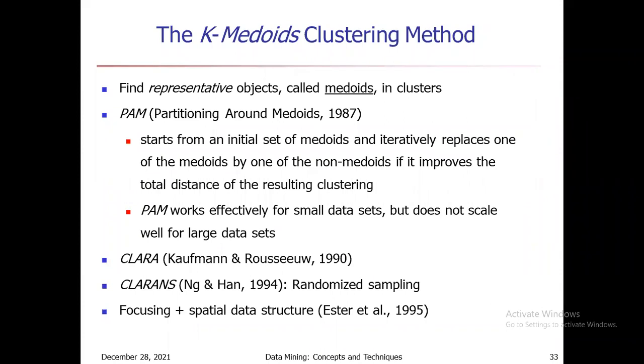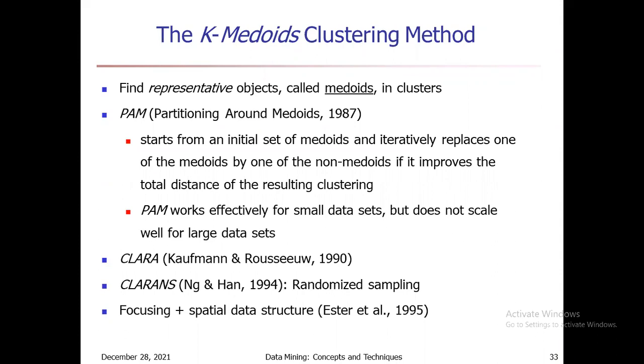It starts from an initial set of medoids and iteratively replaces one of the medoids by one of the non-medoids if it improves the total distance of the resulting clustering. PAM works effectively for small data sets but does not scale well for large data sets.